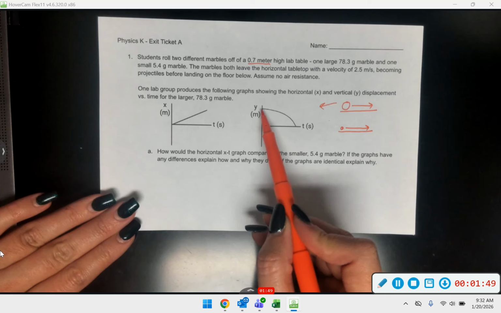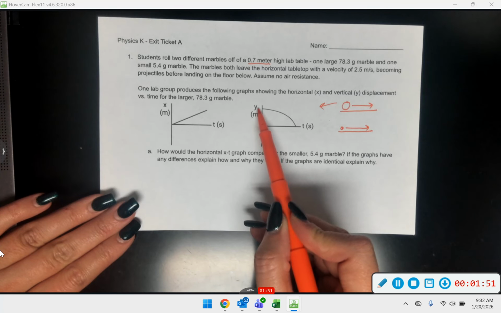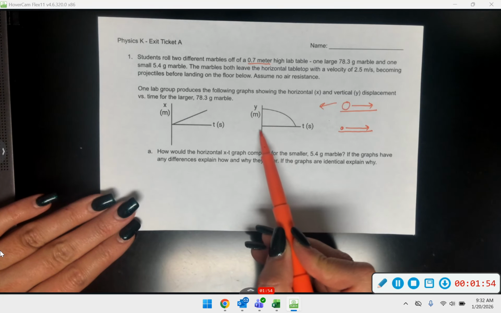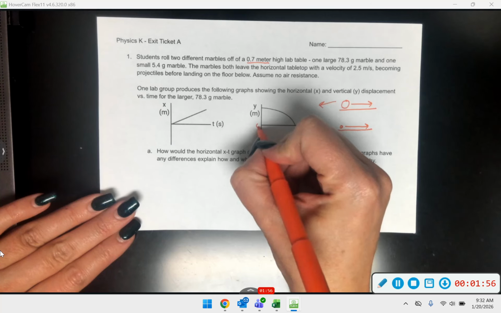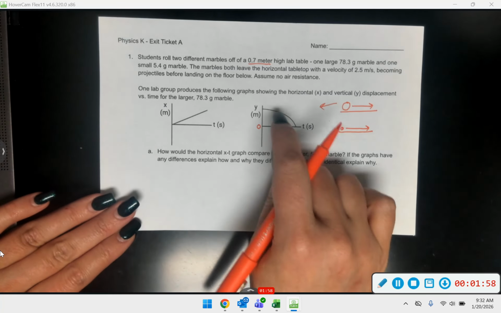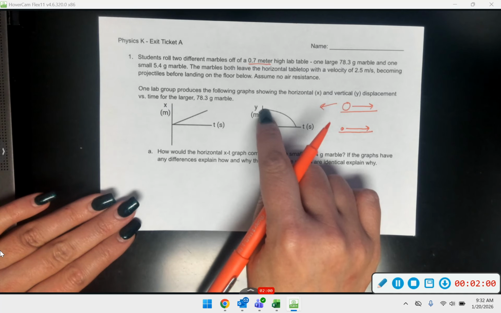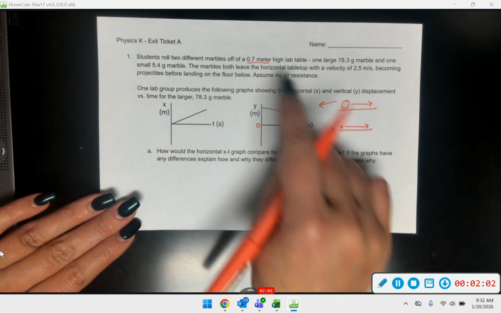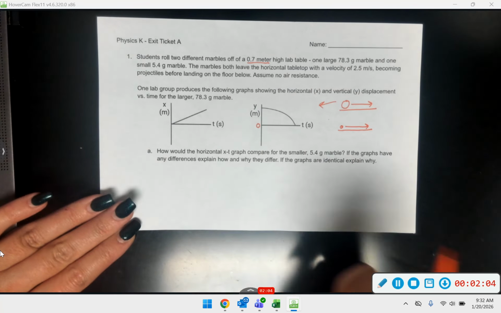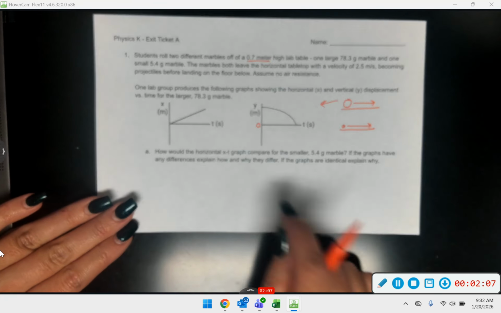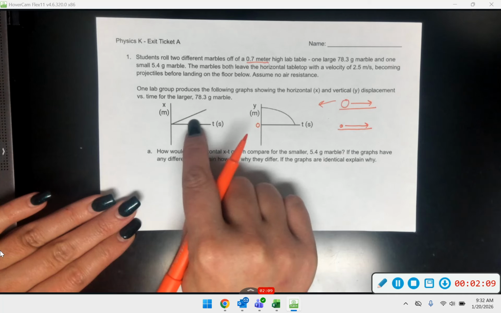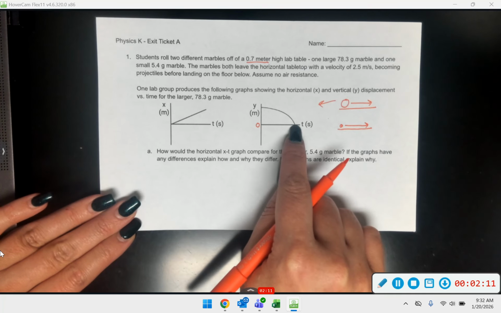But it also shows a vertical position that goes to 0 because again it's going to land at the ground, and so vertically it starts out at some height 0.7 meters and it's going to fall, but it's not going to fall at constant speed. That's why I don't have a straight line. This one was constant speed. This one though has acceleration.